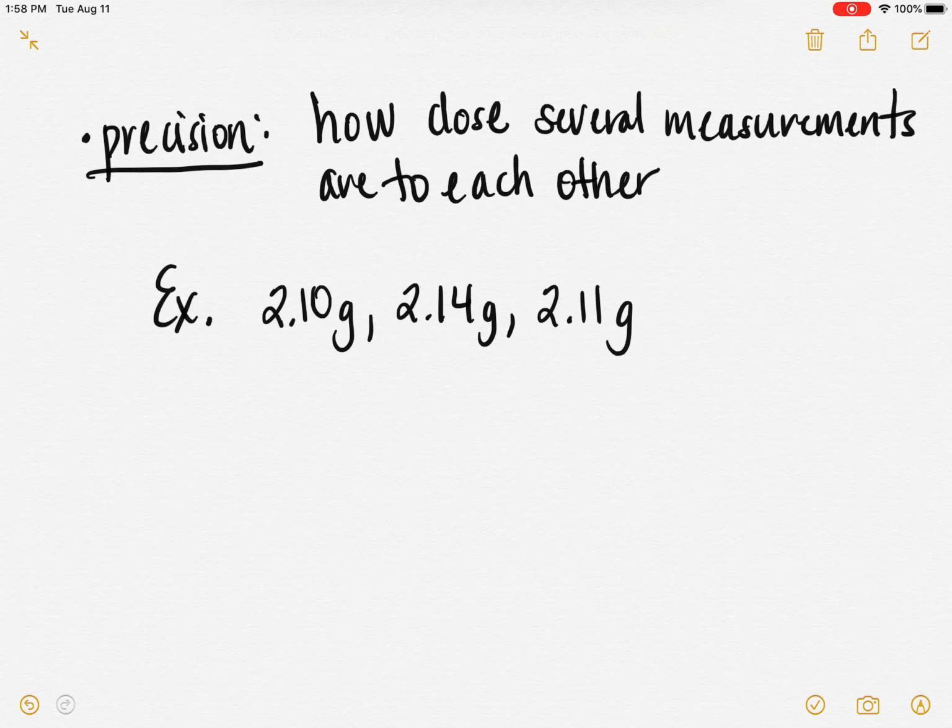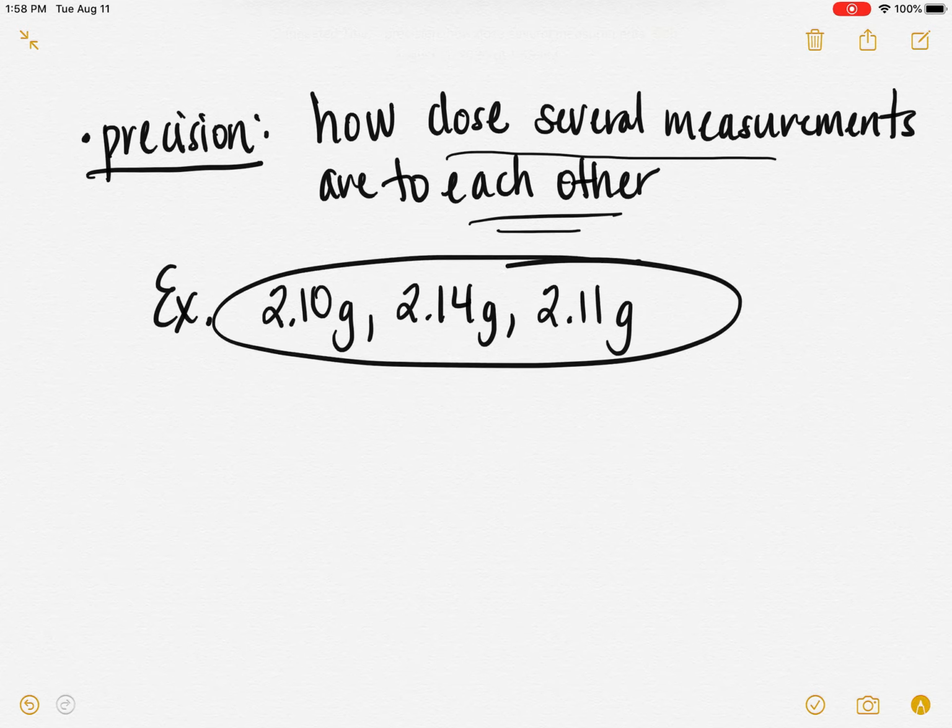Now, we have no idea what this thing actually weighs, but in this case, it doesn't matter because we're only looking at precision, how close several measurements are to each other. So you have to make a judgment call on, are these three values pretty close to each other? And in this case, the answer is yes, they're very close. So this set of data would be precise. And actually, I would say it would be very precise, right? Those numbers are very similar.